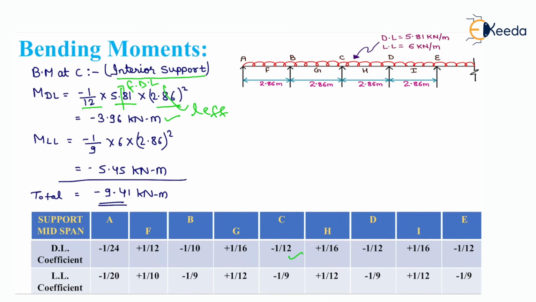Now, bending moment due to live load equals minus 1 by 9 into 6 into 2.86 square. Here 6 is the factored live load and 2.86 is the effective span square. We will get the value minus 5.45 kilonewton meter. On totaling, we will get minus 9.41 kilonewton meter. Therefore, in this way, we have calculated bending moment at particular points for different cases.